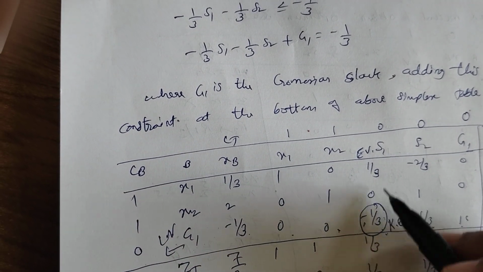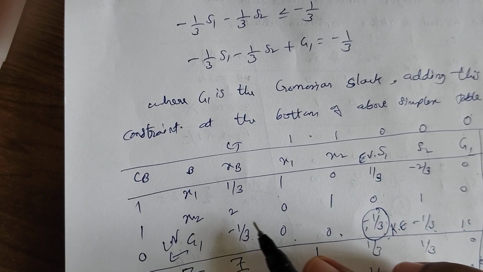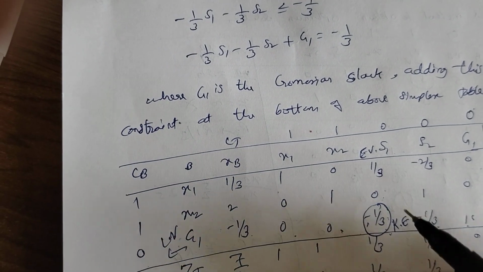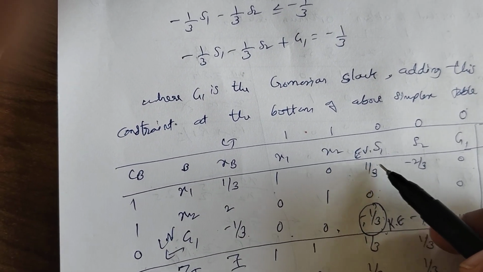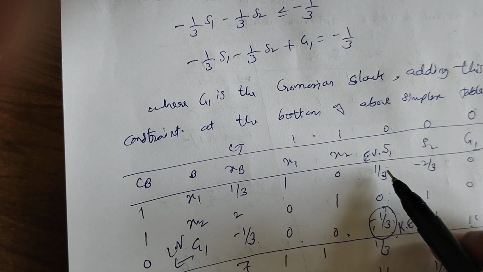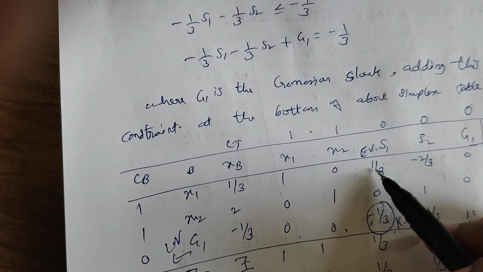So this row is multiplied by minus 3. Similarly, above the key element you have to make the element 0. Already this element is 0, so no need to change the x2 row; keep the x2 row as it is for the next table. The first row above is changed as the sum of these two: the new row is the old row plus this. If you add these two rows, automatically this element becomes 0.